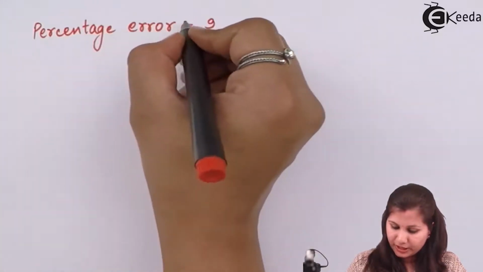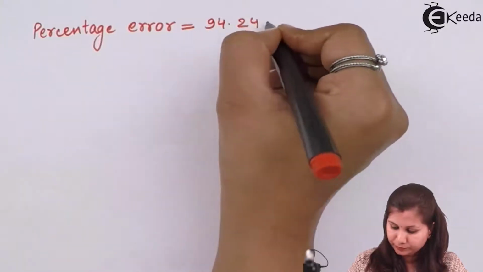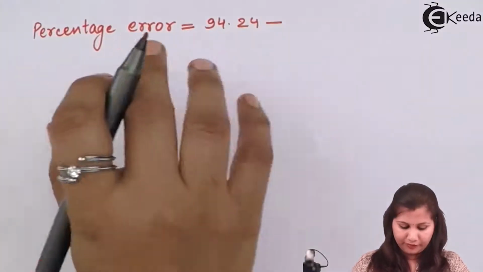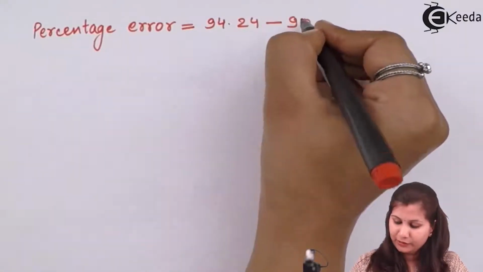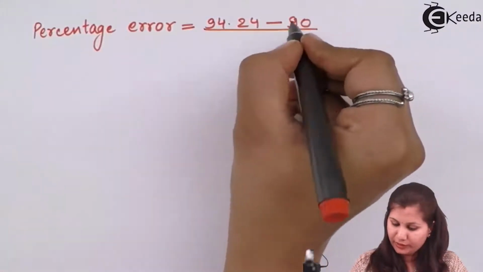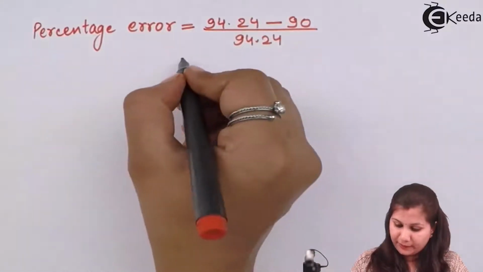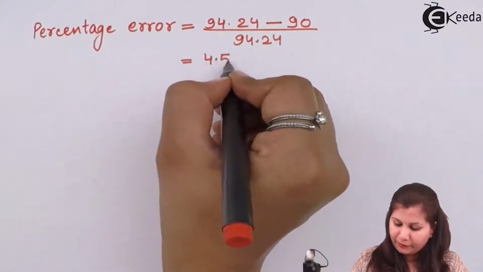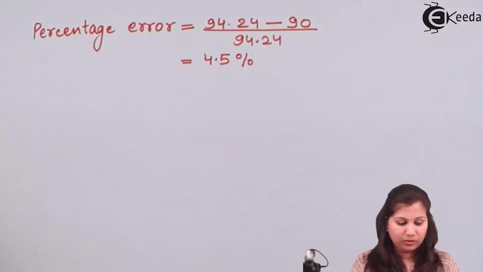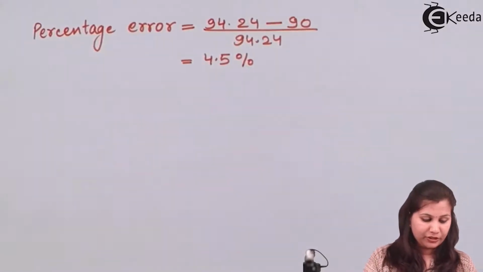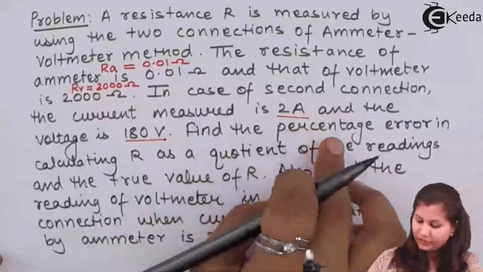The percentage error will be 94.24 minus the measured value 90, upon the true value 94.24. So it is coming out to be 4.5% approximately.